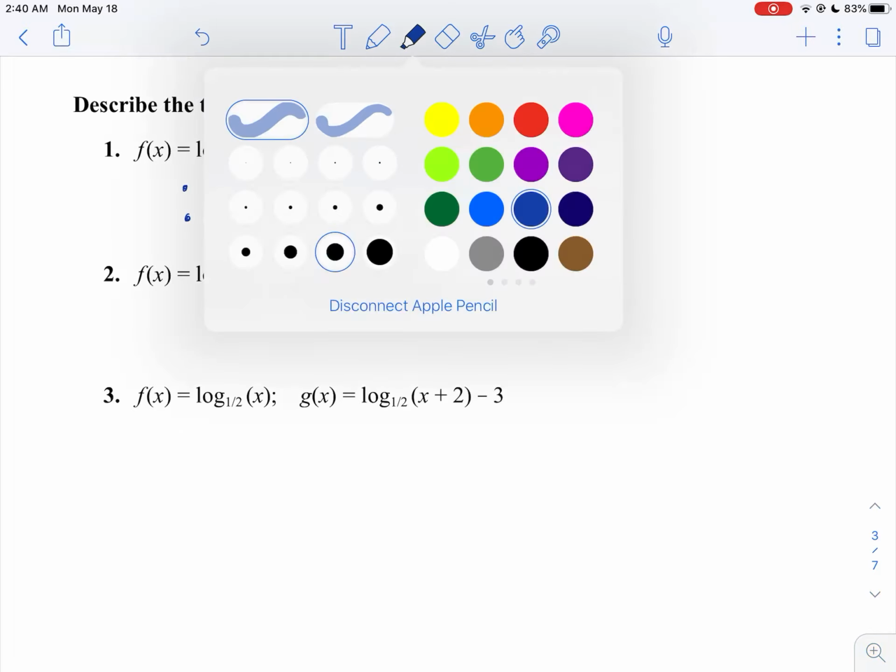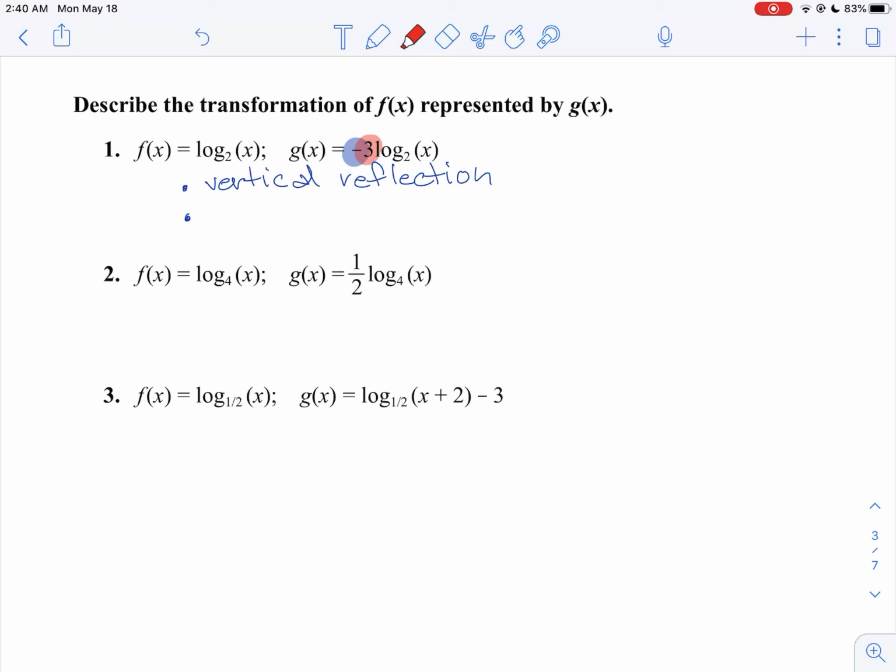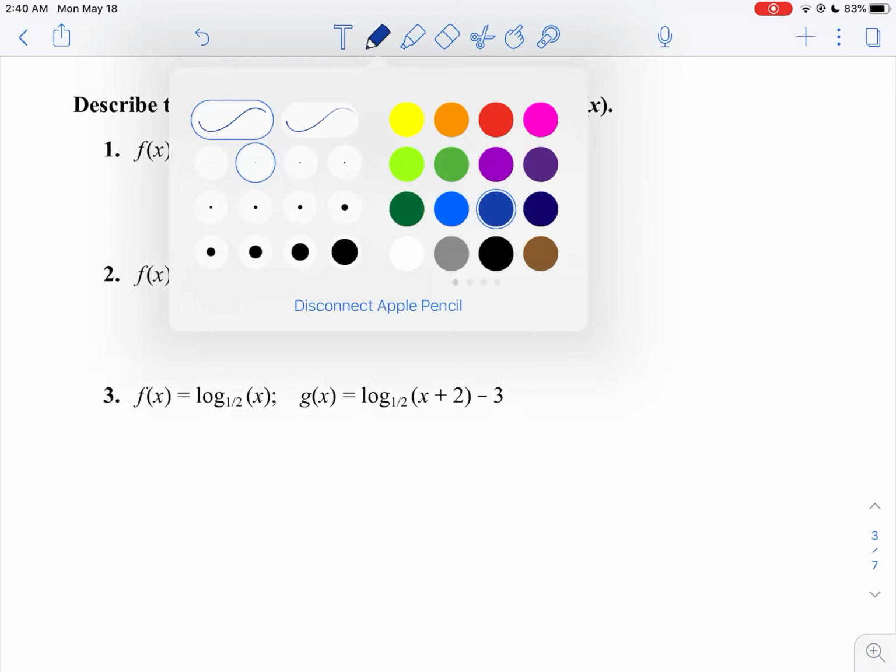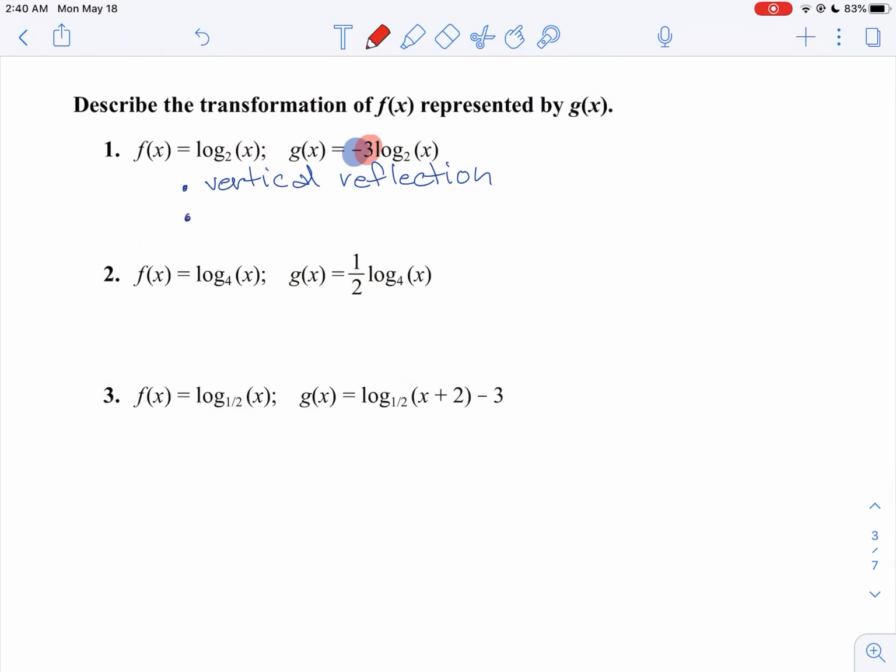And then we also have the 3 to deal with. So our 3, because it's in the A spot and it's bigger than 1, that would be a vertical stretch by a factor of 3.